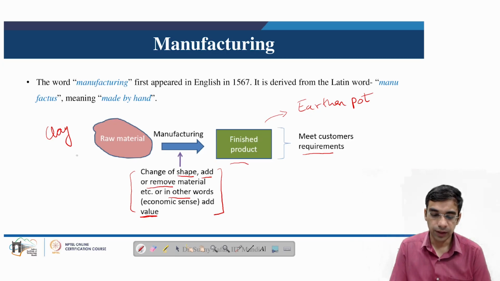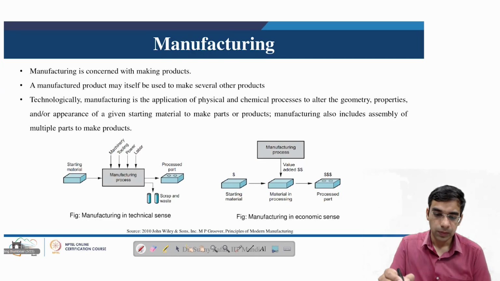But if we convert this clay into the earthen pot, we are maybe changing the shape, or adding or removing material. So we are also adding an economic value to this clay. In a broader sense, we can say manufacturing is all about making products, and these products have to fulfill the customer's need.